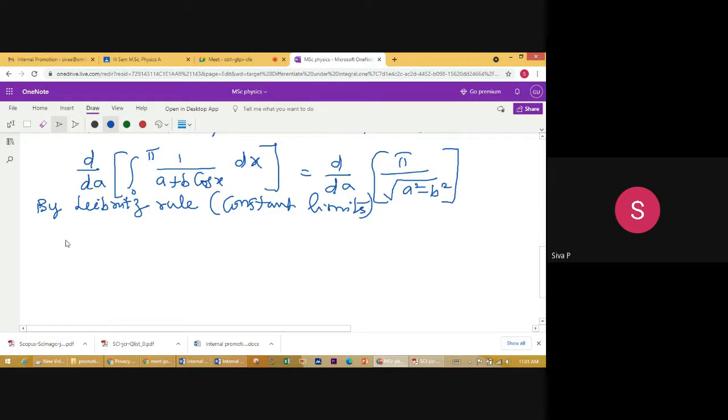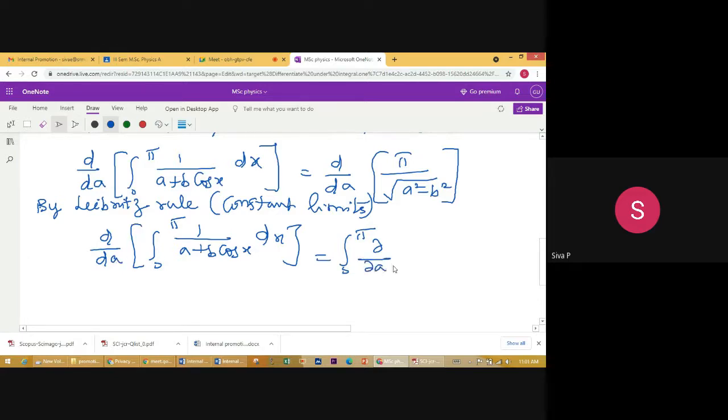So what is the first rule? d by da of the integral over 0 to pi of 1 by a plus b cos x dx is equal to the integral over 0 to pi of dou by dou a of 1 by a plus b cos x dx.